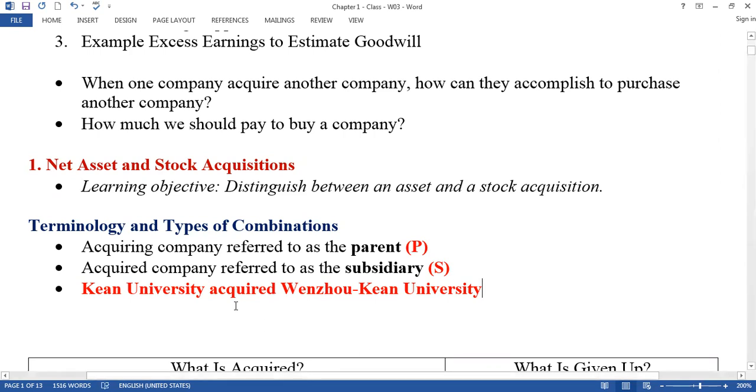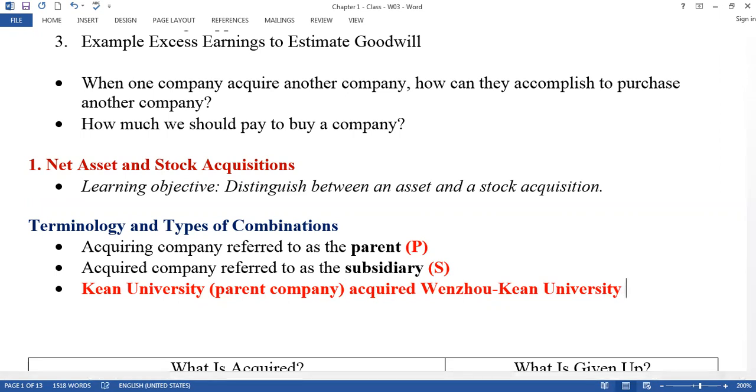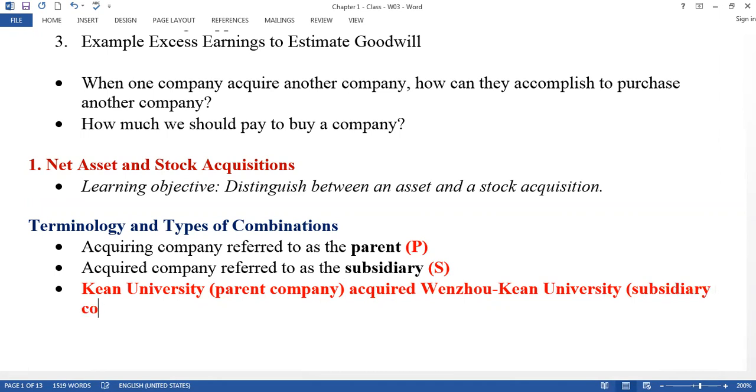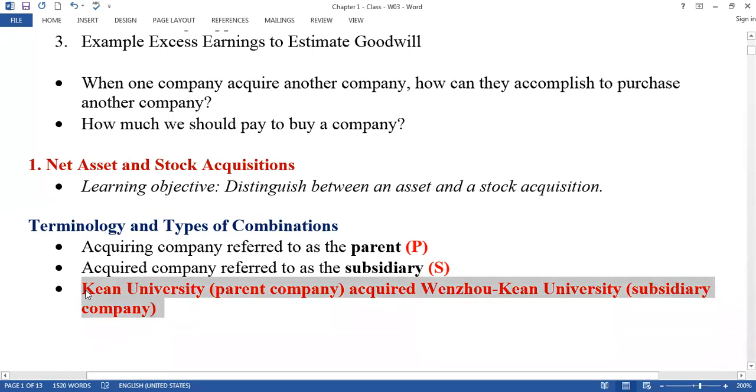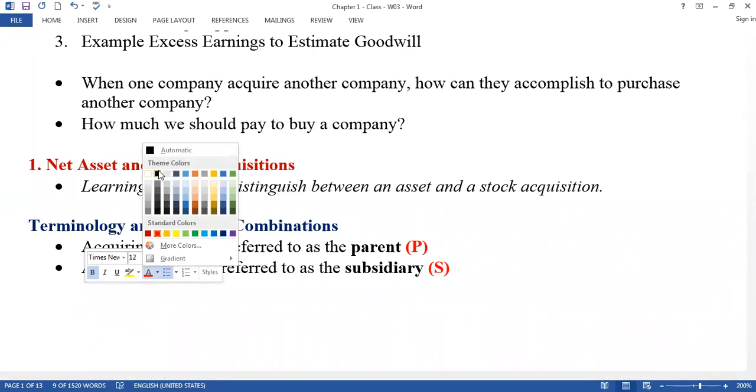If this is an example, here Kane University is called the parent company, and the acquired company is called Onjo Kane University. So this is something like a subsidiary company. This is the important terminology you should learn from this chapter.